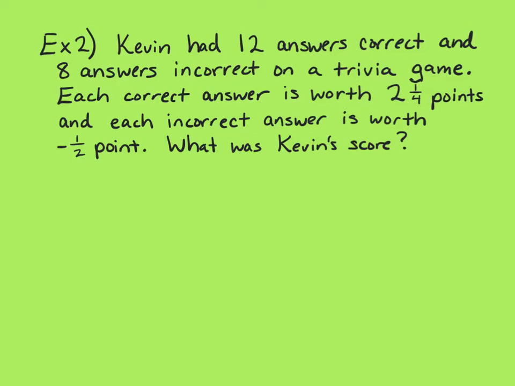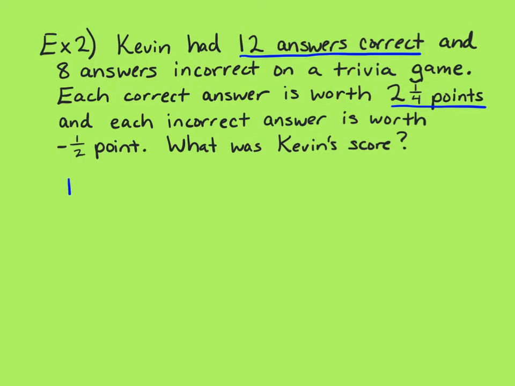Example 2. Kevin had 12 answers correct and 8 answers incorrect on a trivia game. Each correct answer is worth 2.25 points, and each incorrect answer is worth -1/2 point. What was Kevin's score? So let's start by figuring out how many points he got for correct answers. He had 12 correct answers, and they're worth 2.25 points each.